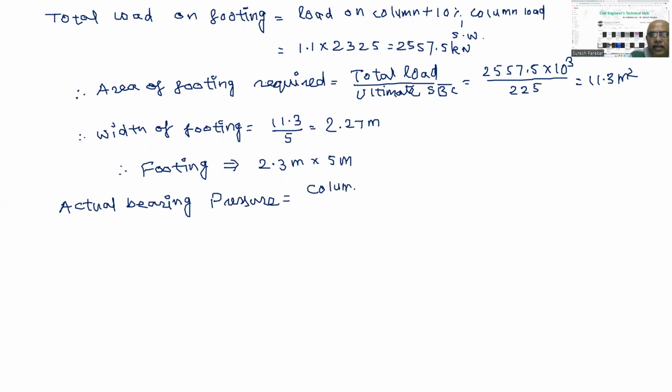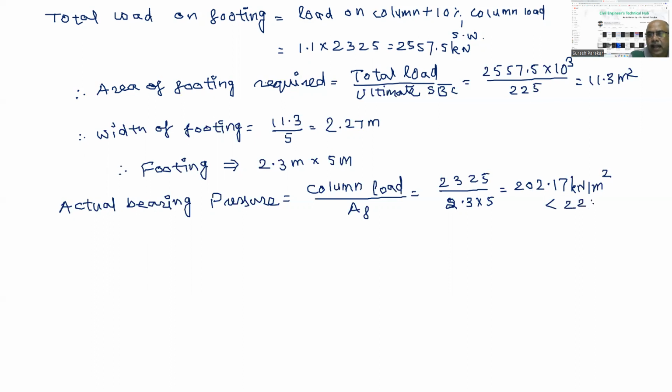You have to keep in mind, this is most important: column load we have 2325 divided by 2.3 into 5, and we get 202.17 kilonewton per meter square, which is less than the ultimate SBC of 225 kilonewton per meter square.